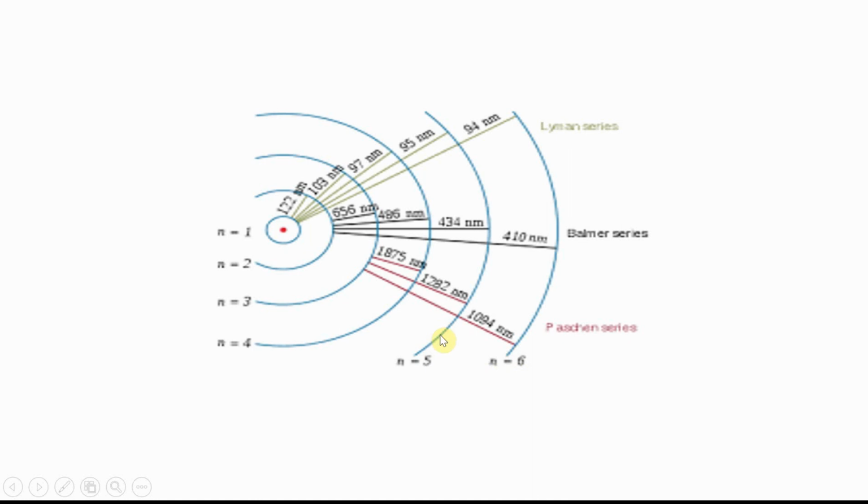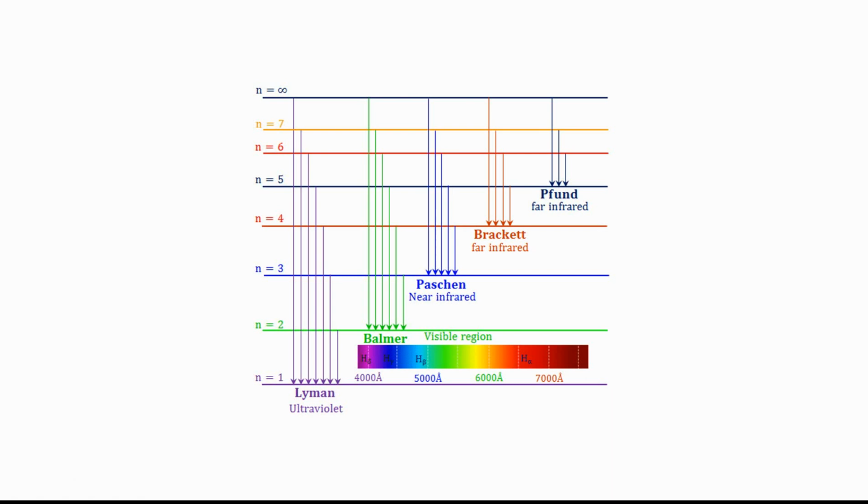From 6 to 5 is known as the Pfund series. So this is all about the hydrogen spectral series. Here you can also clearly see from the picture the different colors, because the wavelength range is different, the frequency range is different, so different color spectra are there.